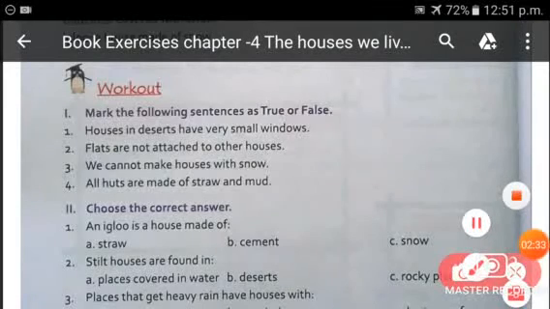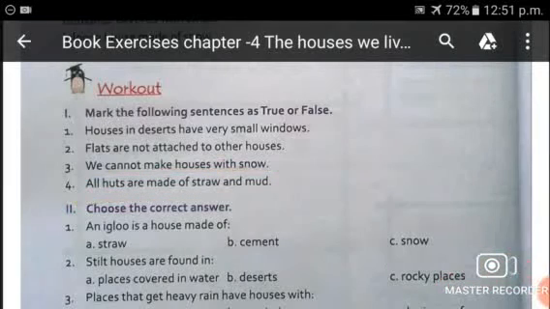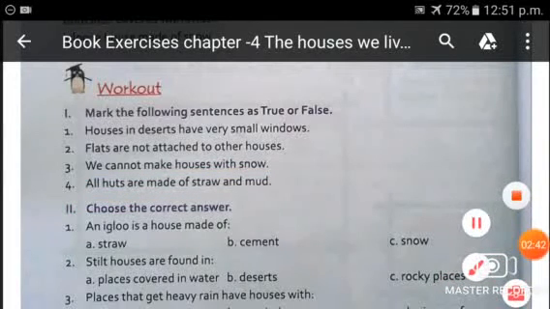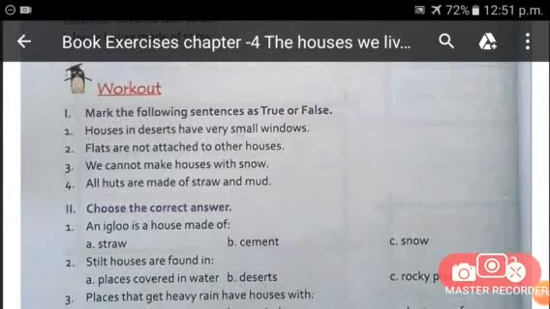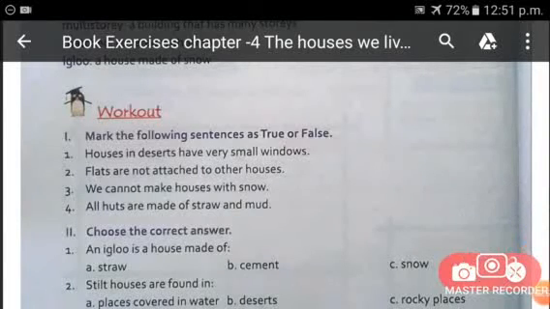Tell me students, huts, firstly tell me, are huts pakka houses or kacha houses? Huts are kacha houses, and kacha houses are made of mud. So if the huts are kacha houses, then they are definitely made with straw and mud. So all huts are made of straw and mud.